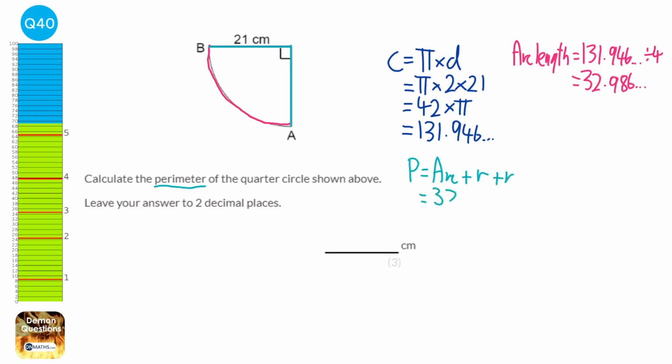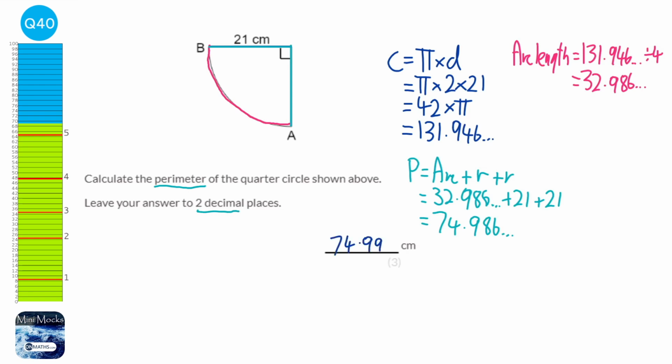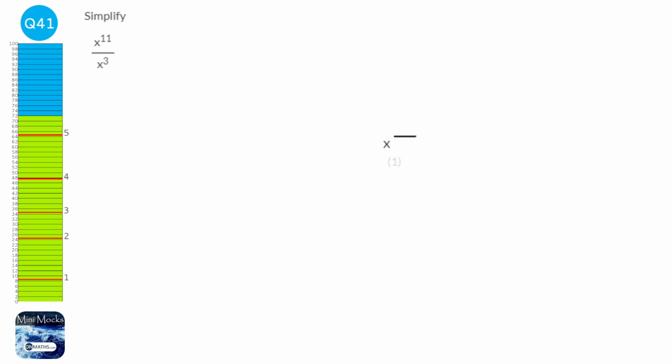So that's going to be 32.986 plus 21 plus 21, which equals 74.986, and so on. And when we round that to 2 decimal places, we get the answer of 74.99.